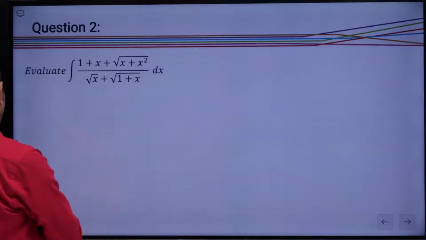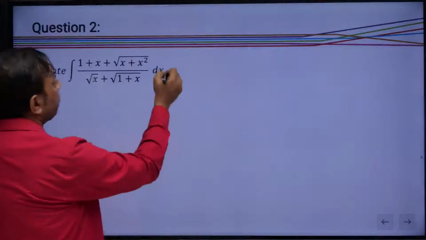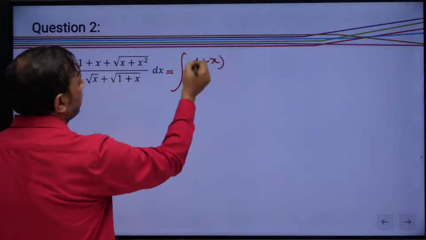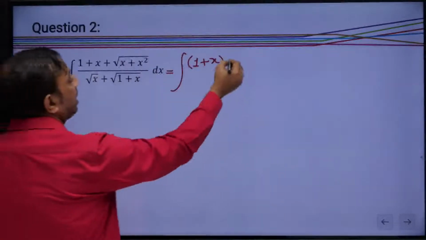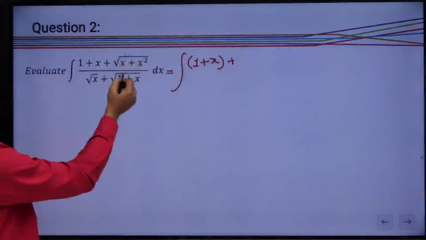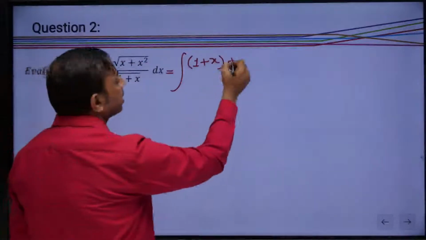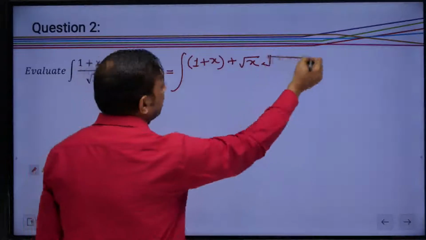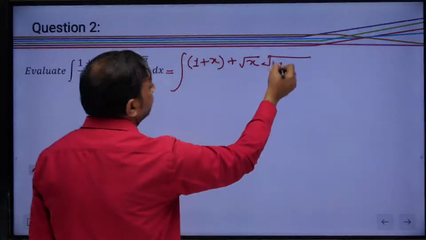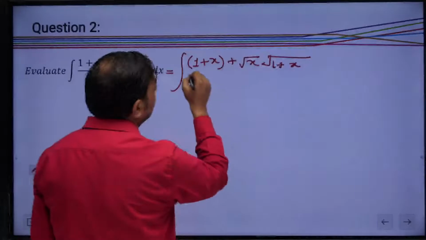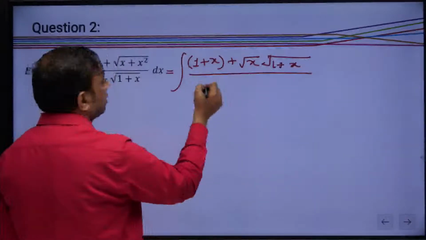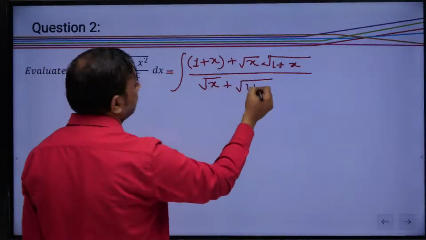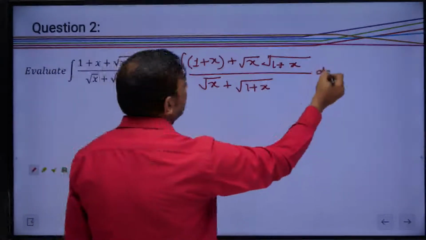For the simplification, I'll put the 1 plus x in one bracket, the first two terms, and I'll take something common from these two terms, and that common that can be taken out is square root of x, and the remaining term inside the square root is 1 plus x. It is divided by square root of x plus square root of 1 plus x and dx.